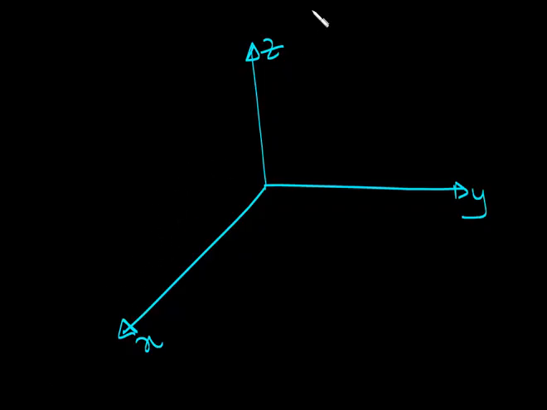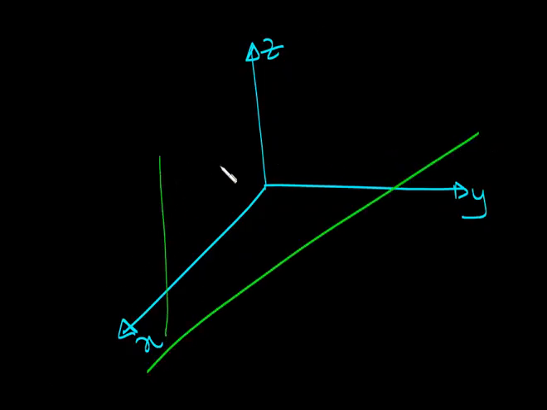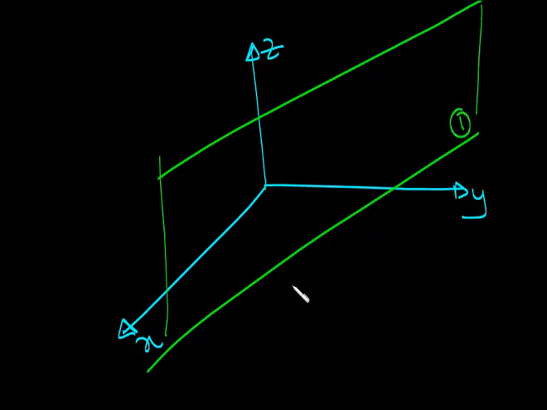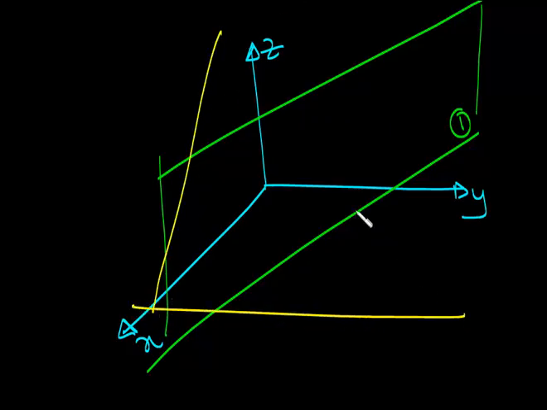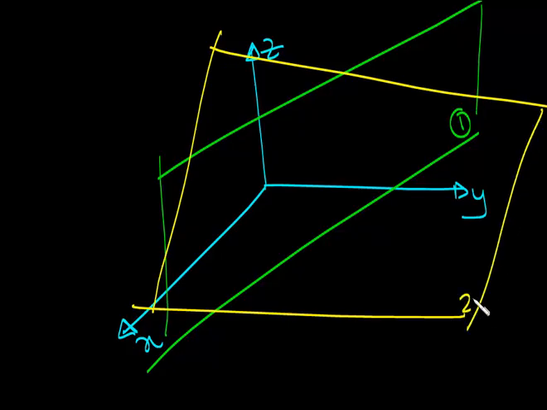You have a sheet of paper. A plane is just like a sheet of paper. That's like this. This is like your first plane. Then you could have another plane going like this. This could be a second plane. And then you could have a third plane that goes vertical.